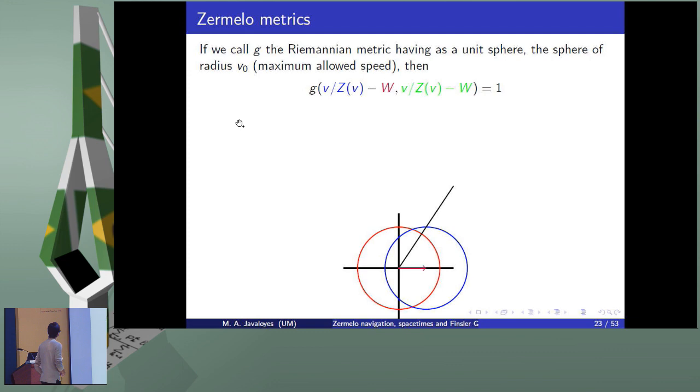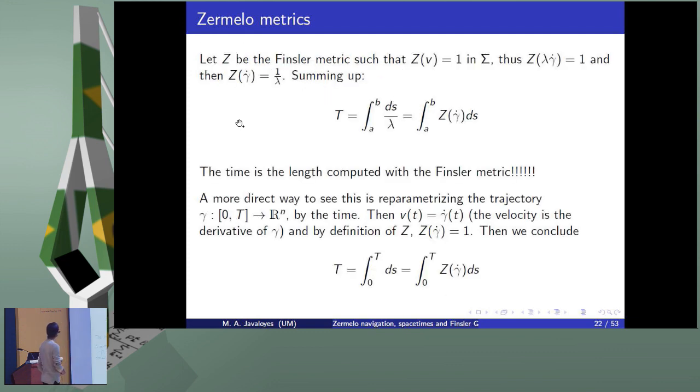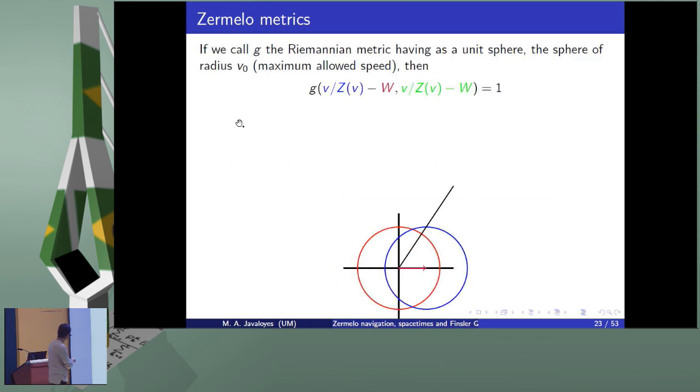So, let's compute this metric. In this picture you can see the indicatrix. This is sigma. The blue circle is sigma. So we know that in this circle F is equal to 1.